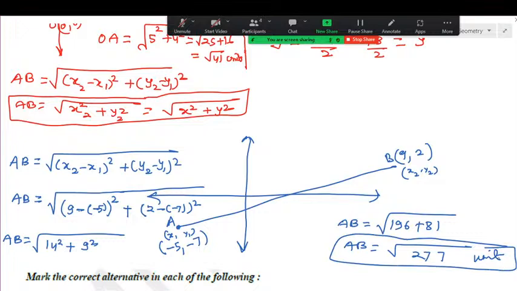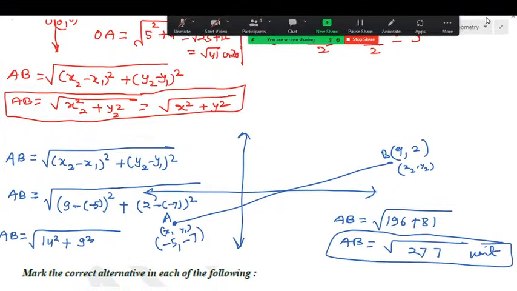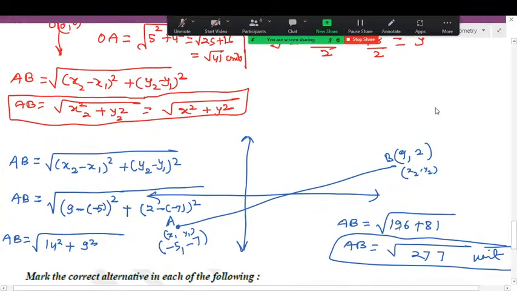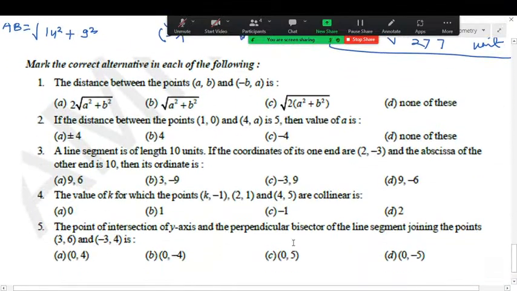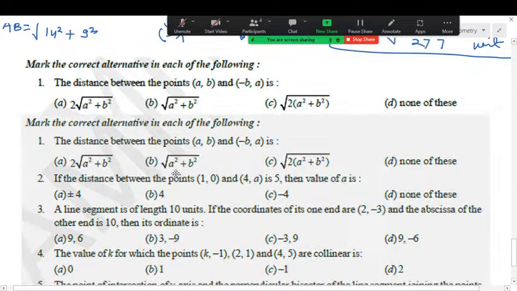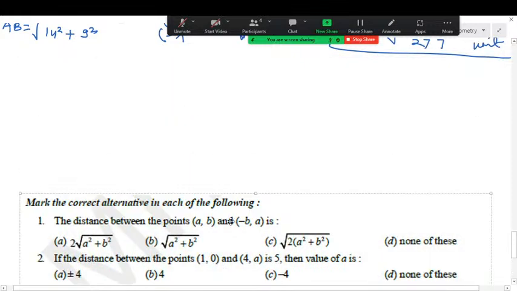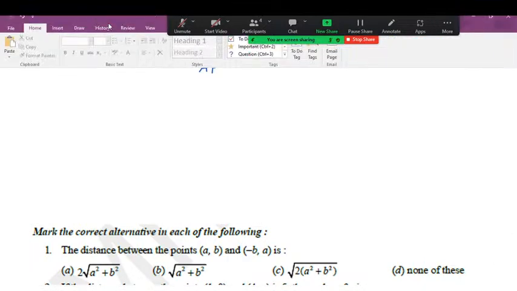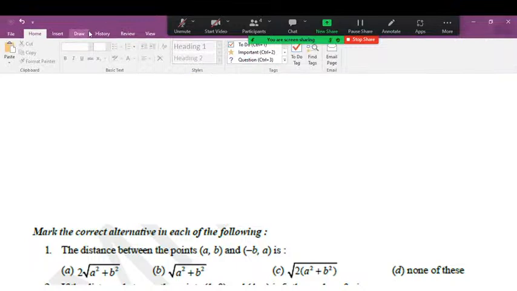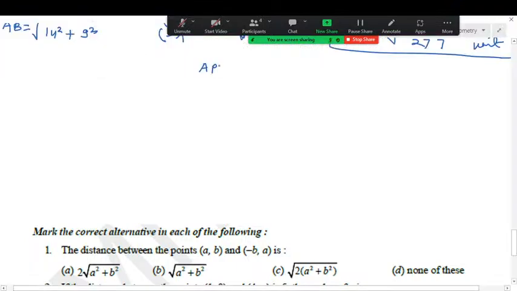Okay, let's solve some more questions. Here I have some questions based on the distance formula. Before we start with this, I just want you to understand that there are many ways to use this distance formula.